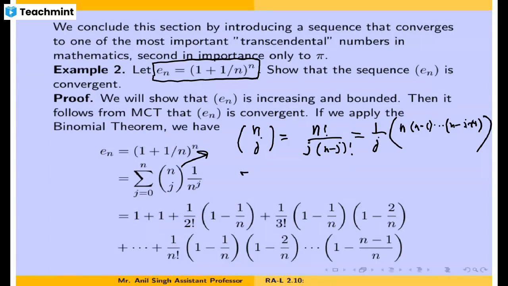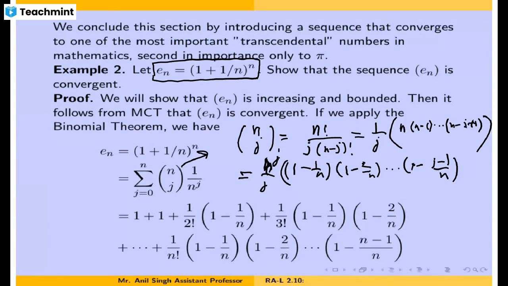Out of this product, I'm going to take out n from each term, and what I will be left with is 1 minus 1 by n, and 1 minus 2 by n, up to 1 minus j minus 1 by n. How many n's are we bringing out? We are bringing out j minus 1 n's and n itself, so that I will have n to the power j here. And so this binomial coefficient is equal to this term.